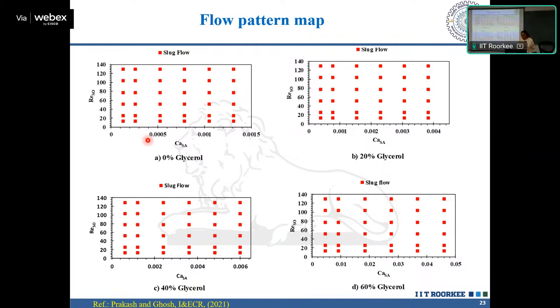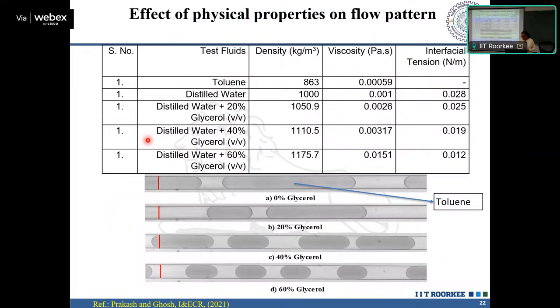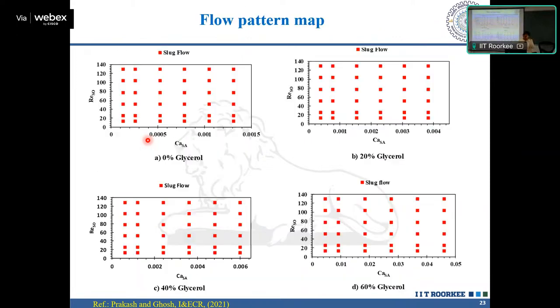What you could gather here is that in all cases we are getting the slug, that is very true, but the slug characteristics are different. So this is the result I want to share.